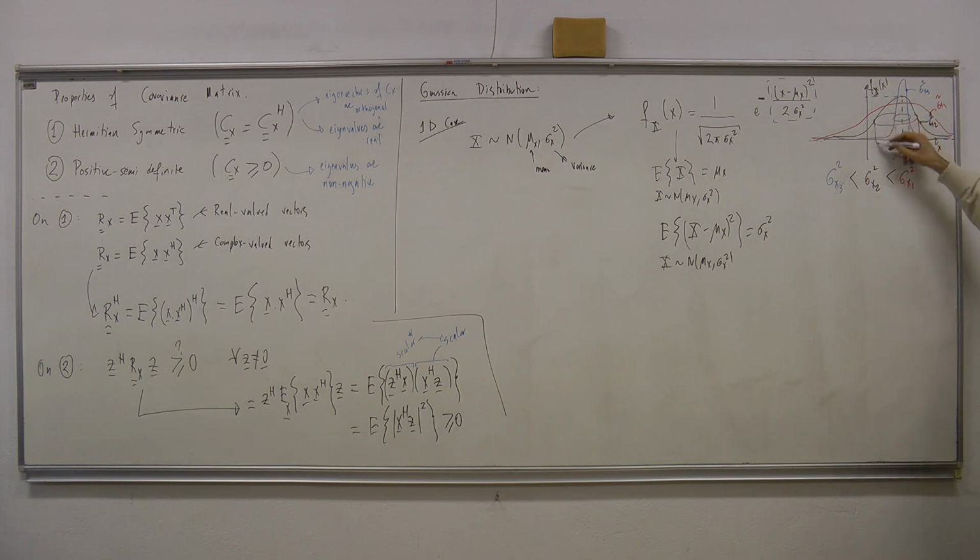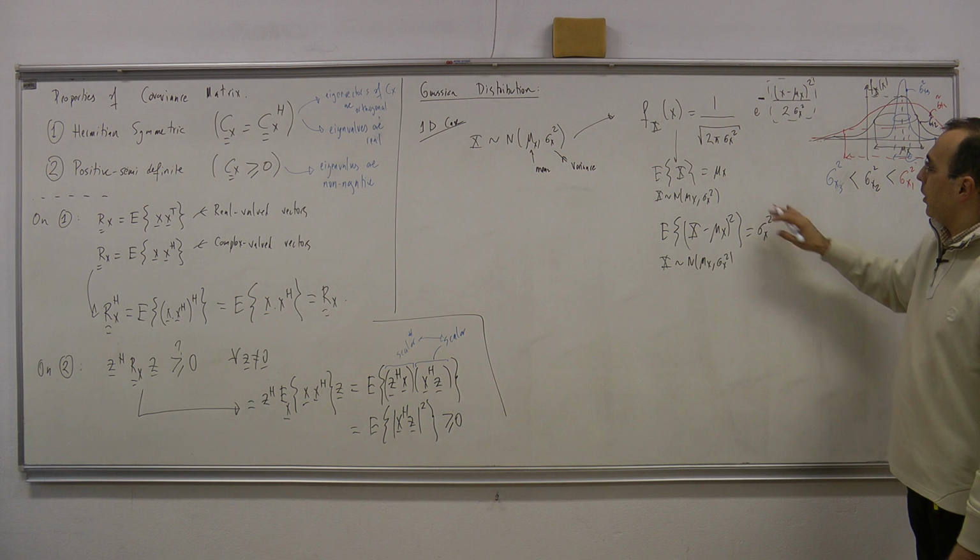So 60% of the probability around the mean value is in this interval. And for the red one, 60% lies in a much wider interval. As you see, the variance for the blue one is smallest, second smallest is the black one, and the largest is the red one. That is the variance interpretation.